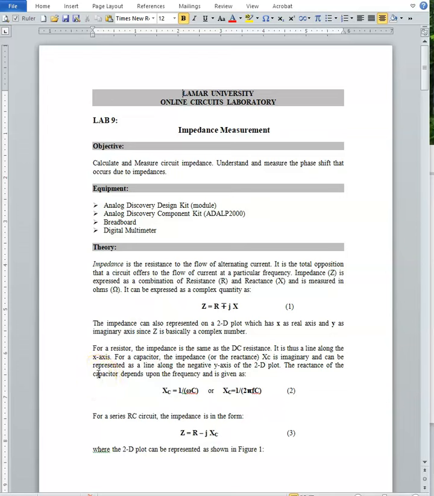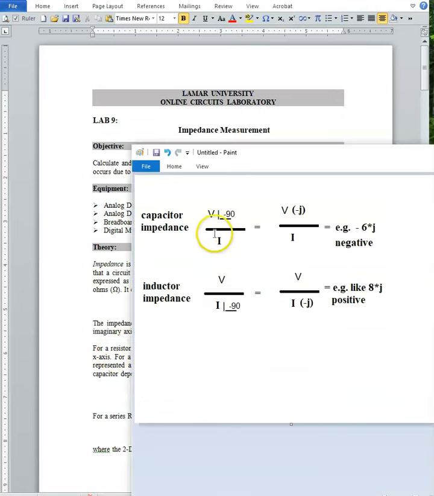In a capacitor, the voltage across the capacitor builds up slowly, so it resists the change in its voltage. So the current starts to flow, but the voltage actually has a 90-degree delay. If you were to write the impedance for a capacitor in polar form, it would be some voltage at minus 90 degrees, which shows the lateness of the voltage, over the current, which is at 0 degrees.